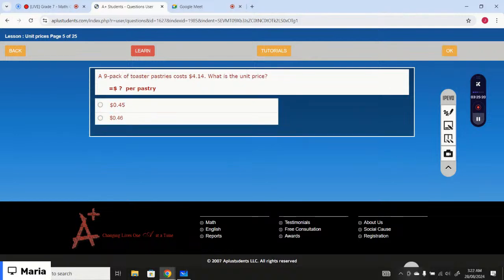A 9 pack of toaster pastries costs $4.14. What is the unit price?